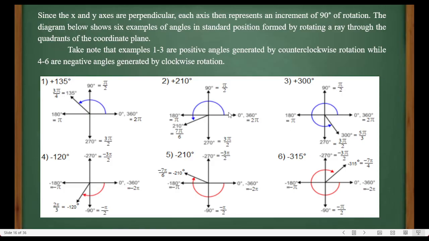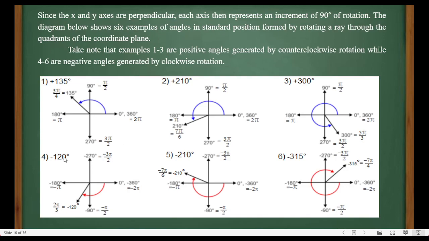In figure number 2, a positive angle is generated having an amount of rotation of 210 degrees, or that is 7 pi over 6. And for the third angle, the amount of rotation is 300 degrees, or 5 pi over 3. Any of these 3 is a positive angle of rotation.